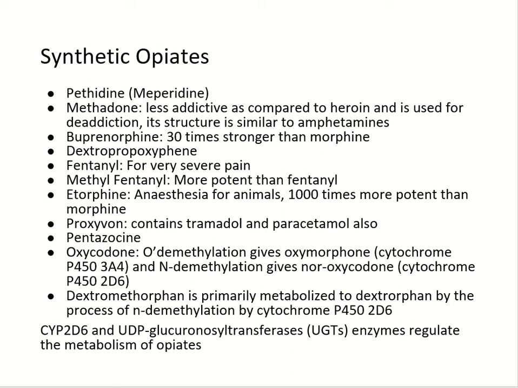Cytochrome P450 2D6 plays a vital role in this. Dextromethorphan is primarily metabolized to dextrorphan by the process of O-demethylation by cytochrome P450 2D6. CYP2D6 and UDP glucuronyl transferase enzymes regulate the metabolism of opiates.